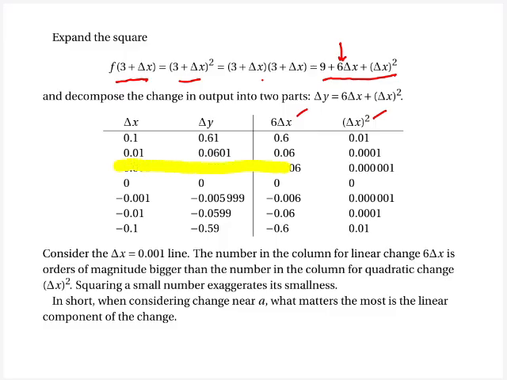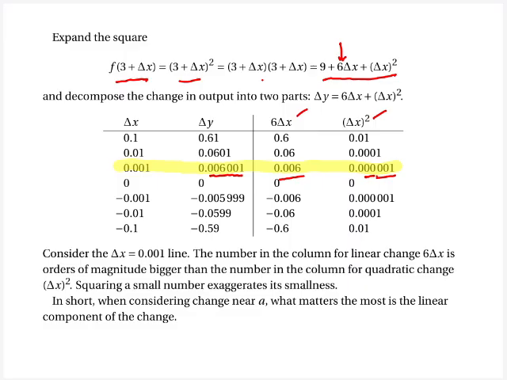I think what you see, the delta x of 0.001, and the delta y is 0.006001, and that number is made pretty much almost entirely of the 0.006. The 0.000001, it's true, it's there, but it's orders of magnitude smaller than the 0.006.